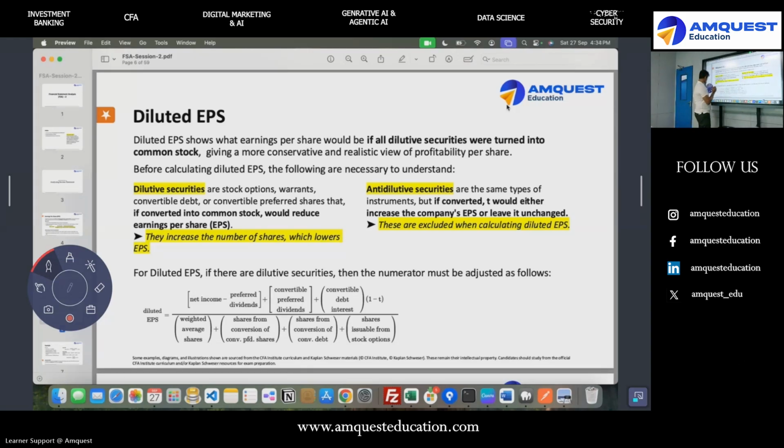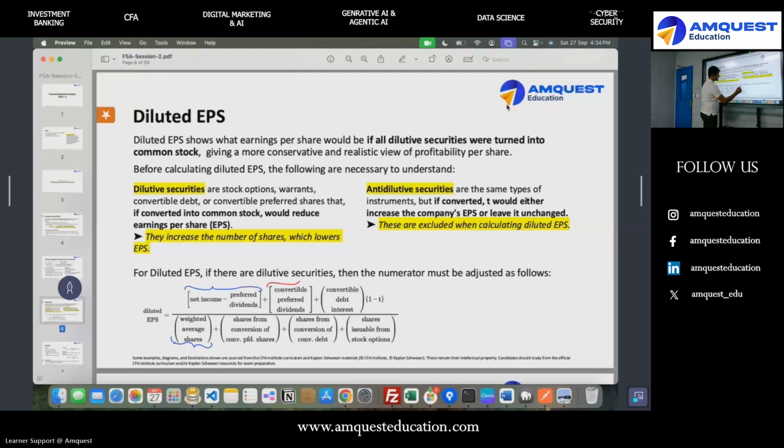You already used to do this for basic, and you did this for basic, right? Now, as a result of conversion, you're going to start adding savings from preferred dividend, interest from convertible debentures, and don't forget, 1 minus tax is always there because interest is tax deductible.